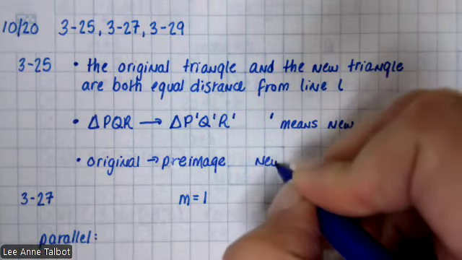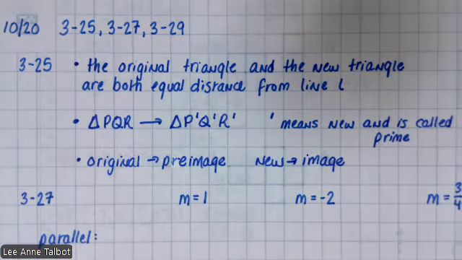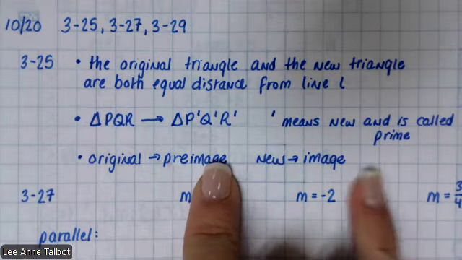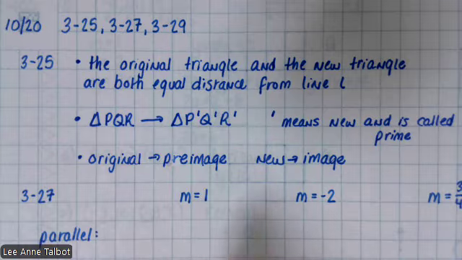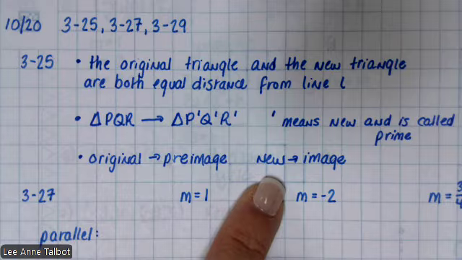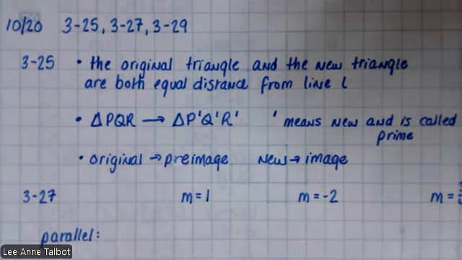And the new is called the image. And I'm telling you that just in case that language comes up in your homework or on a worksheet where it says make the pre-image into the image. That just means take your original and make it into the new. So original figure and then reflected figure. We're also going to do rotations and translations in this class, just not yet.